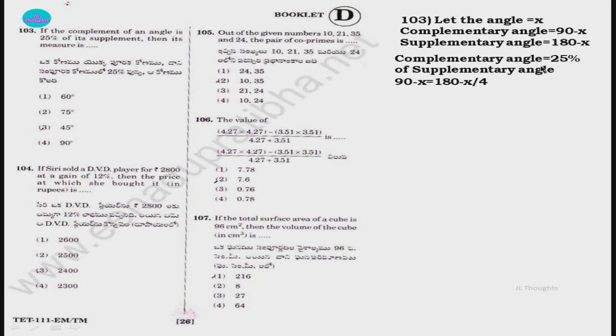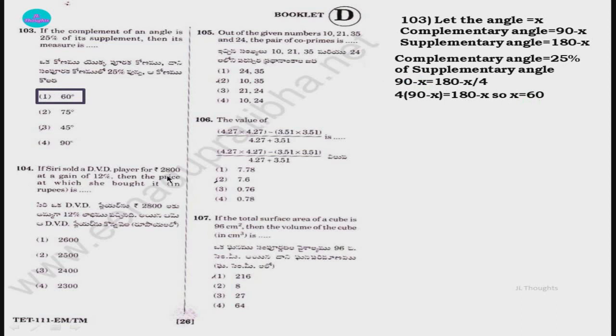So 25% means 25 by 100, which is 1 by 4. So the complementary angle 90 minus x is equal to 1/4 of that, that is 180 minus x by 4. So 4 will go this side. 4 into 90 minus x is 180 minus x. Now you open this, then you will get x is equal to 60 degrees. The answer is 60 degrees.